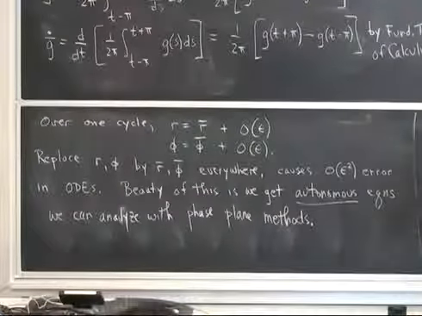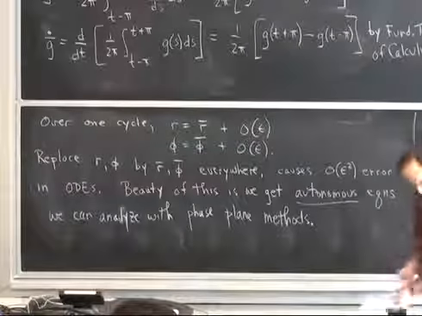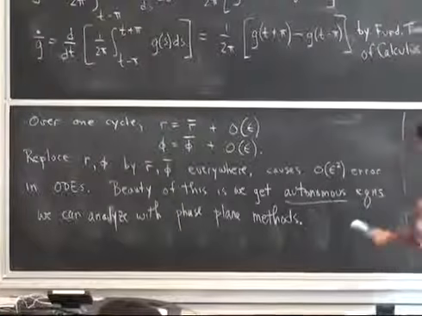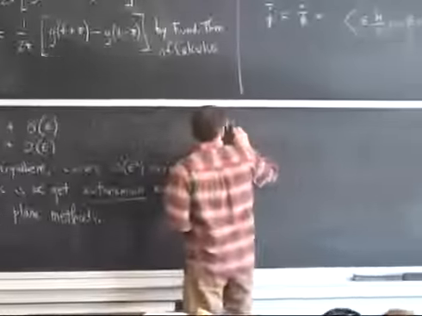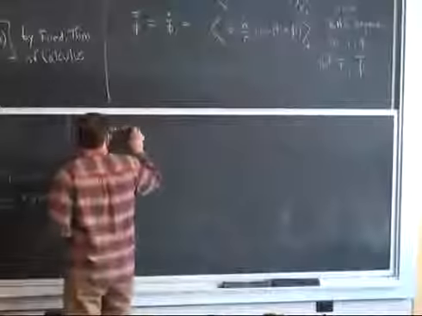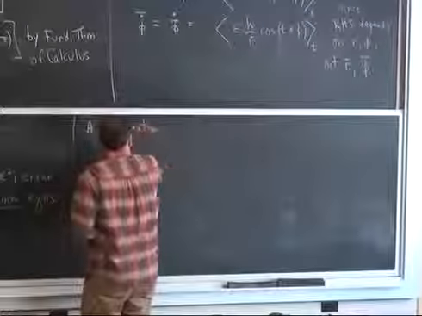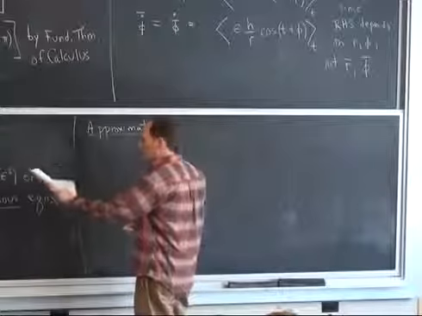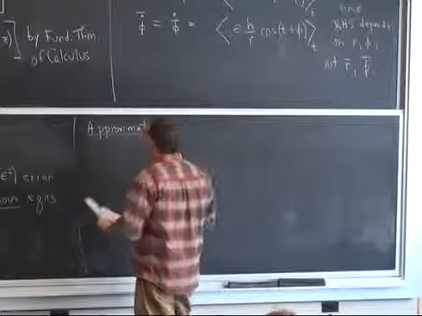Let me do an example to show you what I mean. Just to quote that for the record here, I said I'm going to replace R and phi by R bar, phi bar everywhere.